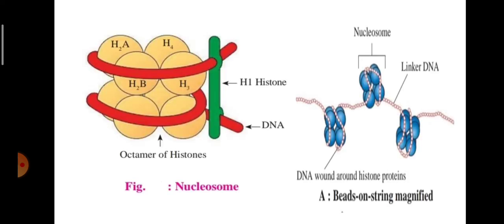Let's watch the given image, in which the left side image shows a nucleosome while the right side image shows beads on a string, which appear when the nucleosome is formed.